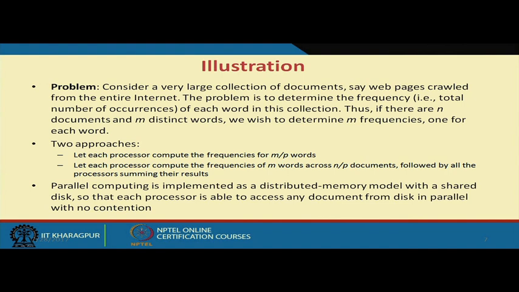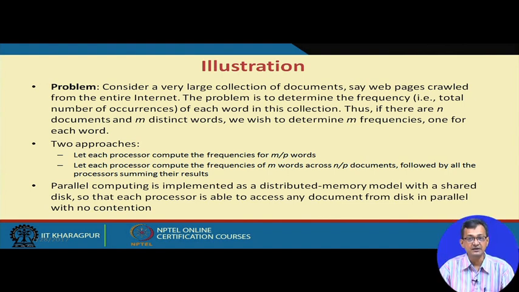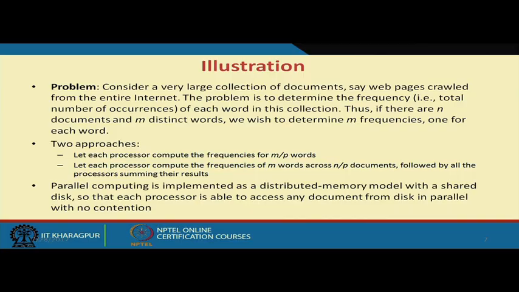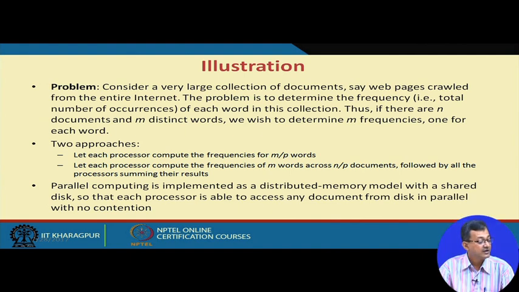Now, in parallel computing, which one will be efficient based on this paradigm? We need to look at that. Parallel computing is implemented as a distributed memory model with a shared disk, so that each processor is able to access any document from the disk in parallel with no contention. This can be one of the implementation mechanisms.